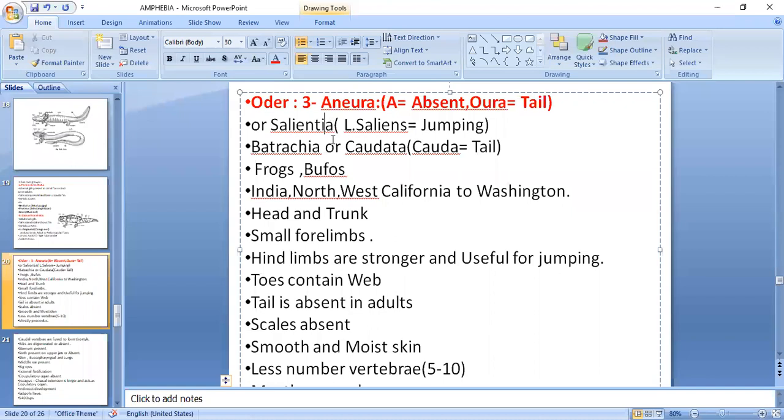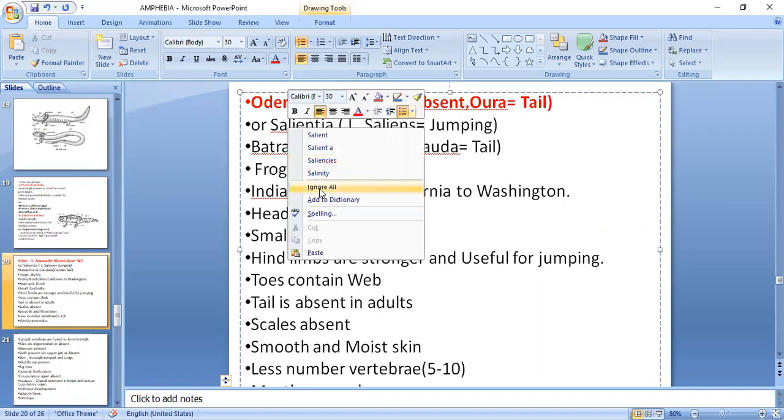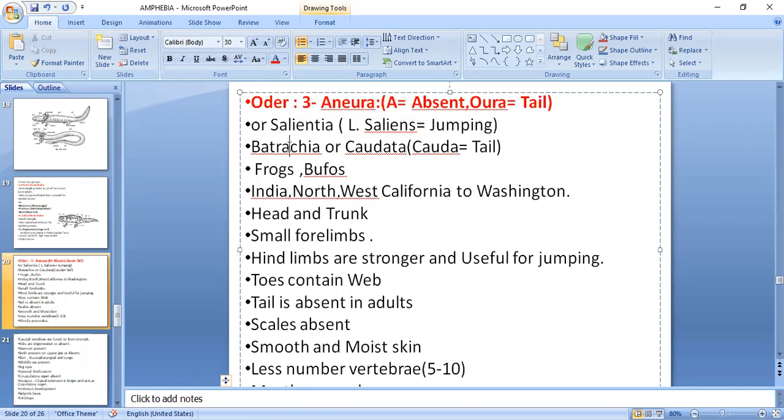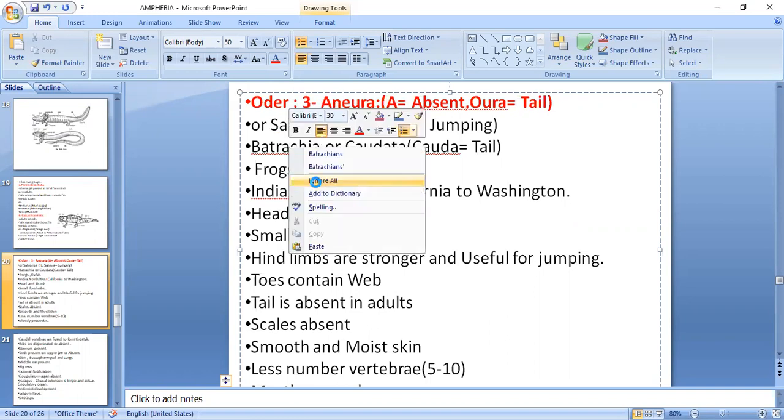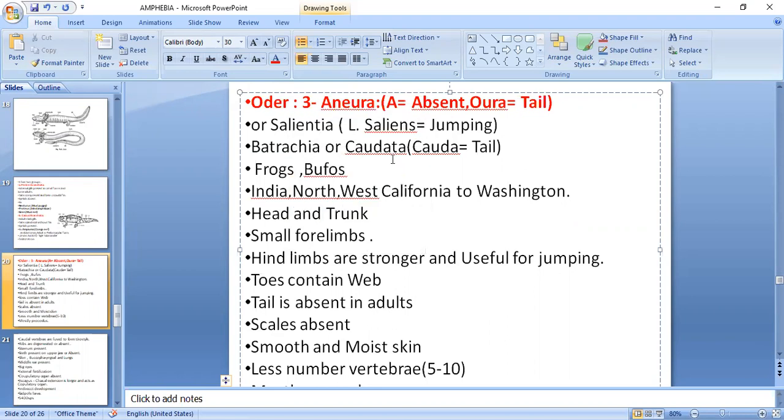Salient means jumping, so jumping types of animals are included, and the group is known as Salientia. And Batrachia means frogs, the group containing frogs. And Caudata, cauda means tail. So this is Ecaudata.